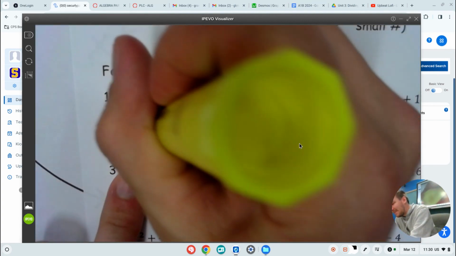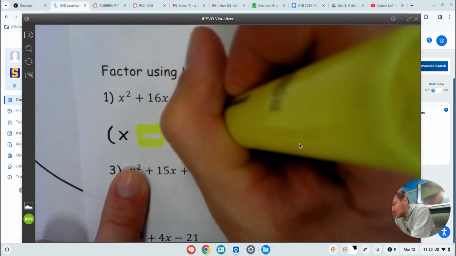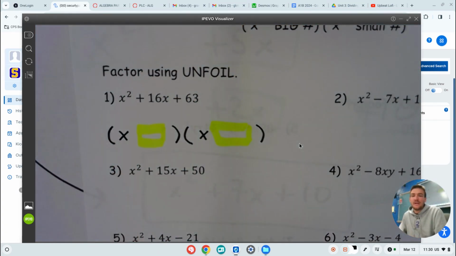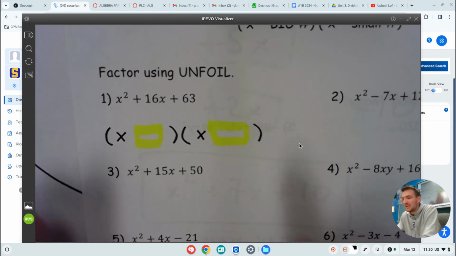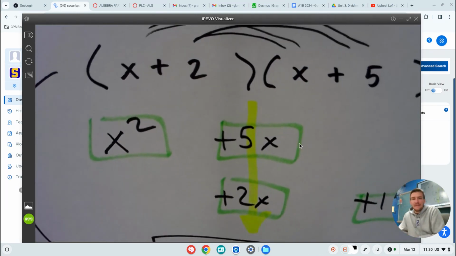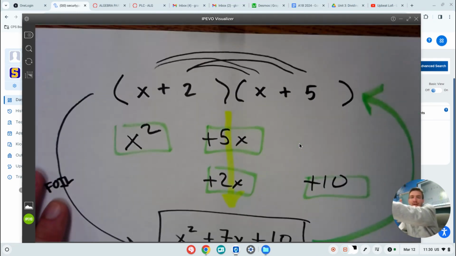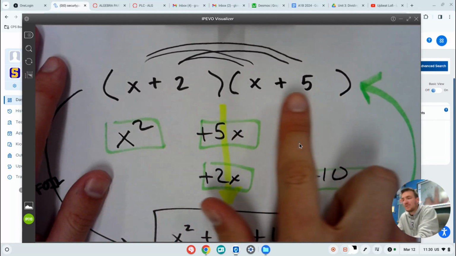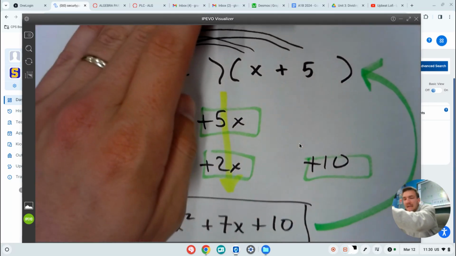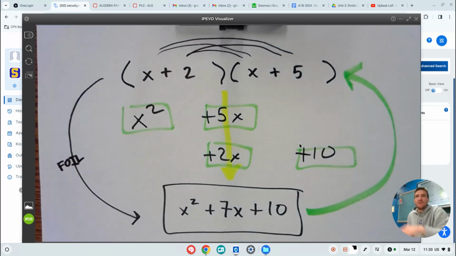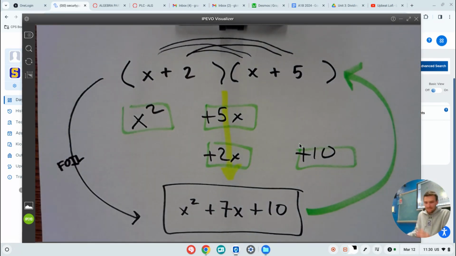Now, these two positions are where we need to choose the two numbers. There are two little numbers, two answers for each question. Again, if we think about the FOIL example we did before, it was 2 and 5, that makes 7 and 10. Here's the part where you want to listen.